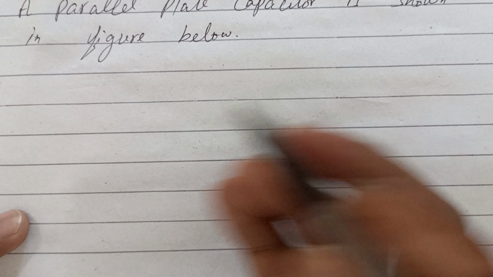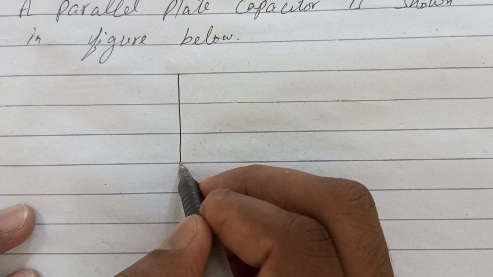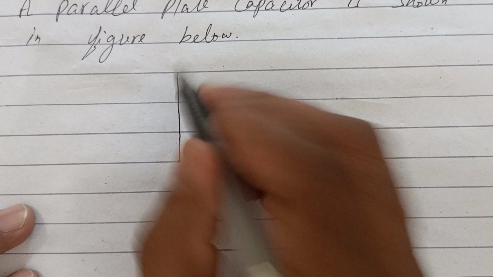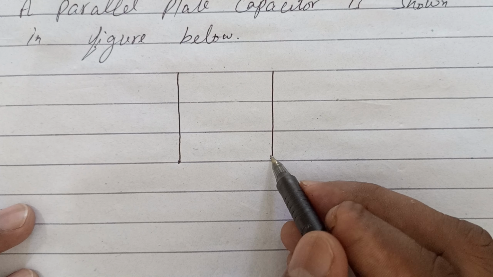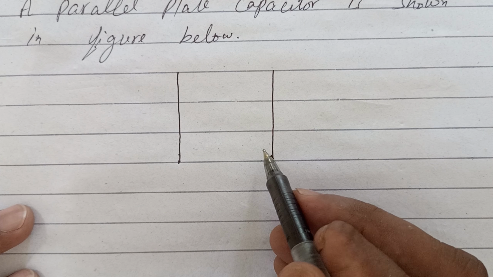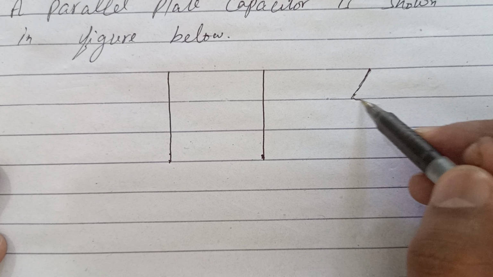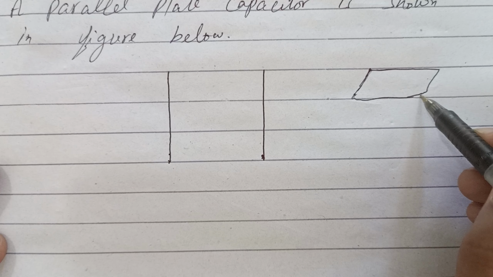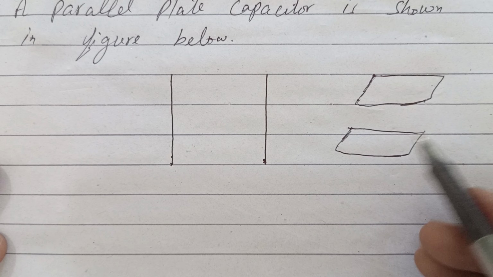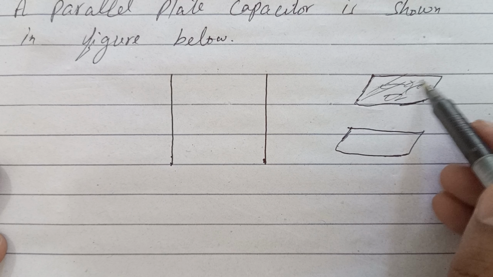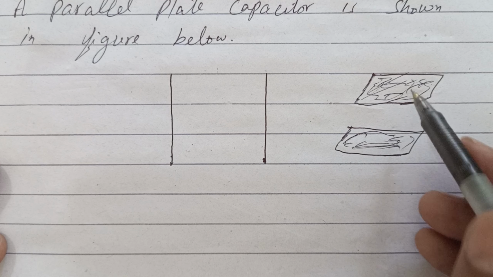So to show a parallel plate capacitor, let this be one of the conductors and this the second conductor. Both the conductors are in the form of plates having width and length in this form. These are placed parallel to each other. Suppose these are two plates and both the plates are parallel to each other.